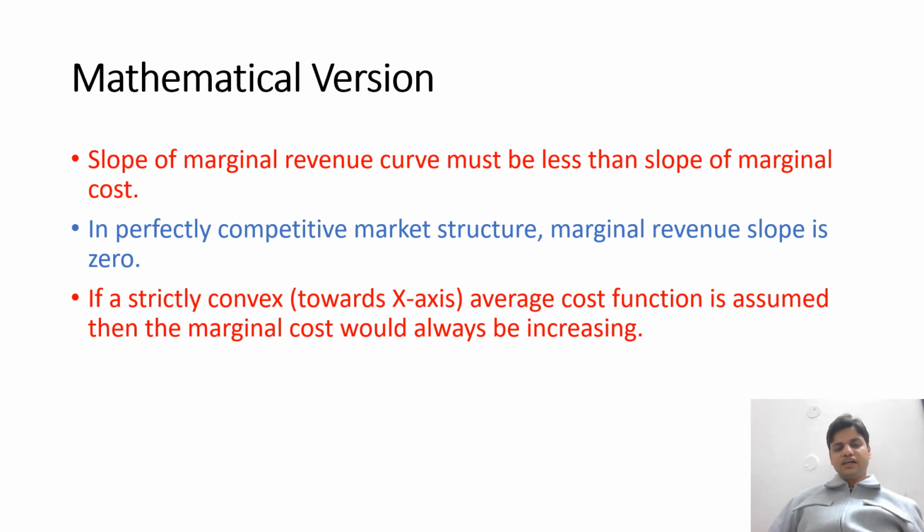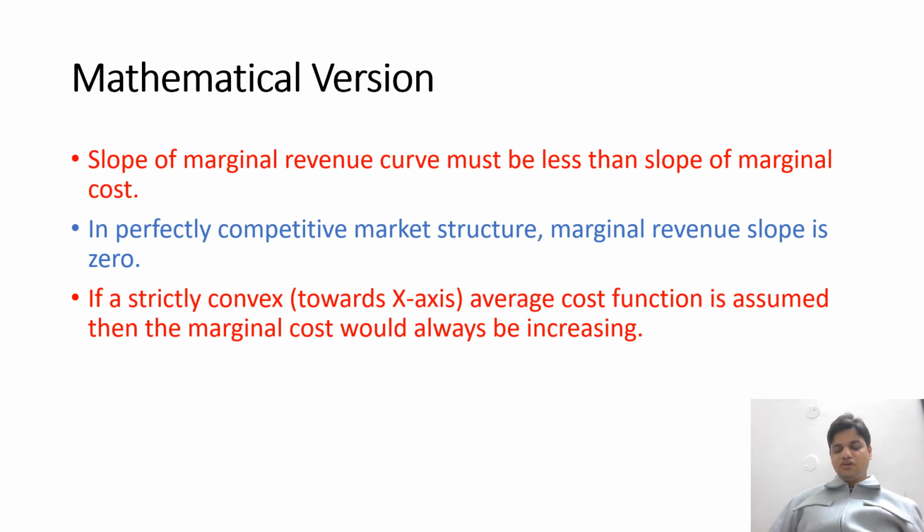And now in a strictly convex average cost function, which we have already seen in the graph discussed before, we assume that if the shape is strictly convex, then the marginal cost would always be increasing, because if the shape is really convex towards the x-axis, then obviously average variable cost would be increasing after achieving a minimum value.